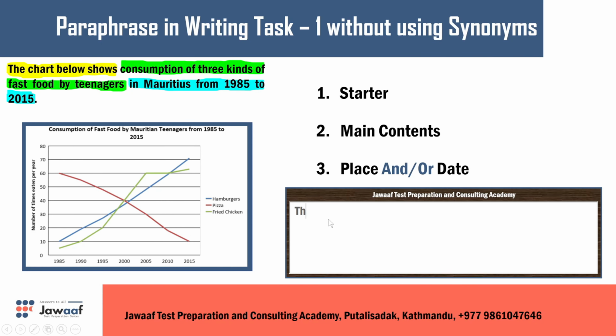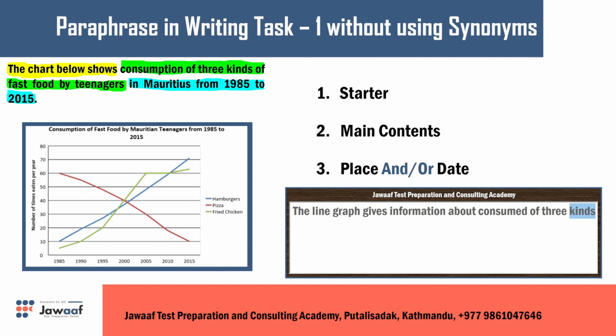Here we are. Let's begin from the very beginning. The line graph, you can write presents or gives information about. Now, consumption can be changed to consumed, but if we write consumed of three kinds, then we do not have an appropriate sentence structure here.